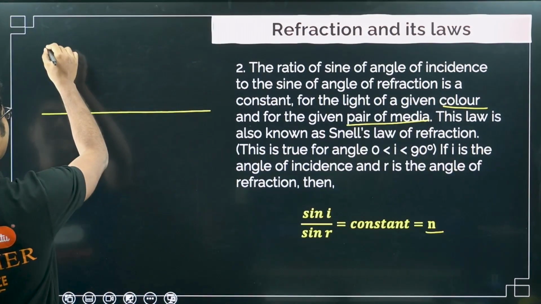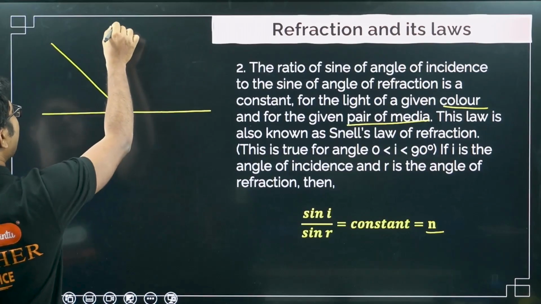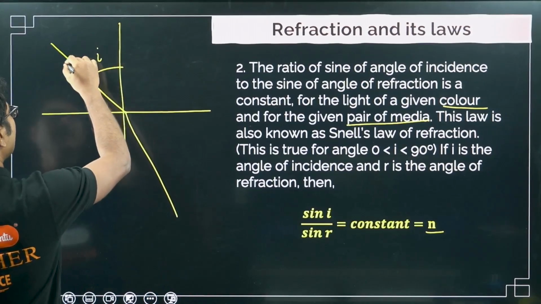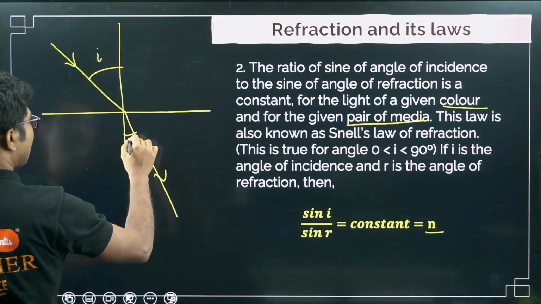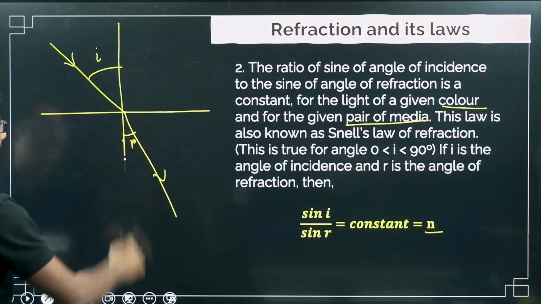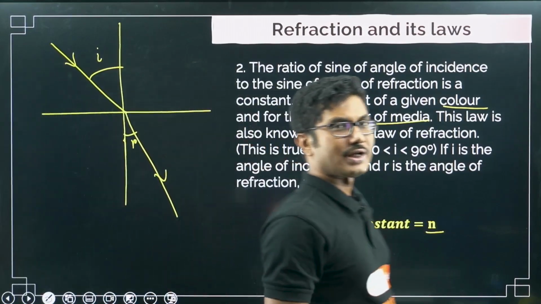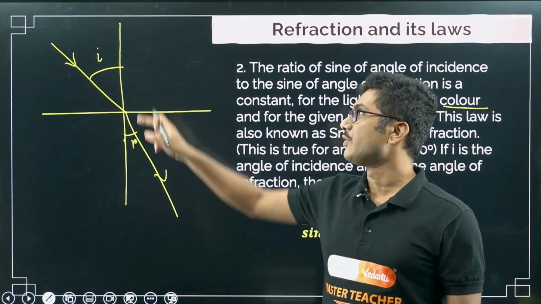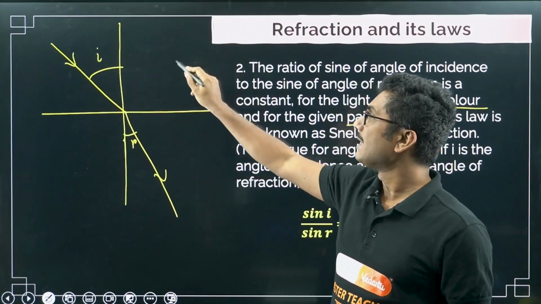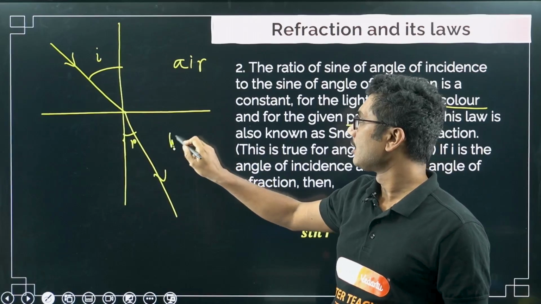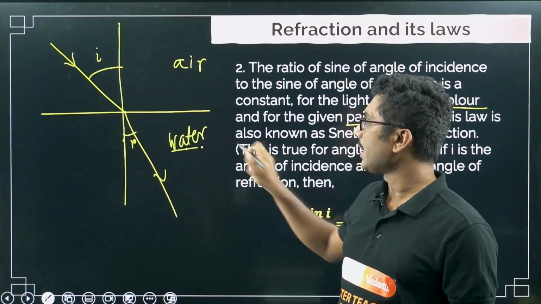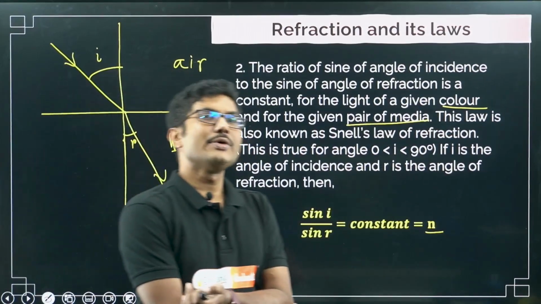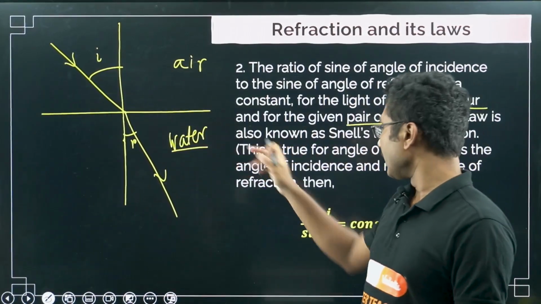Suppose a light ray travels from medium A to medium B, with angle of incidence i and angle of refraction r. Then sin i by sin r is constant for any given pair of media and for a particular color of light. So if you are using red light between air and pure water, and you conducted this experiment here in India, and again conducted the same experiment in USA, you will find the value of this ratio is the same.